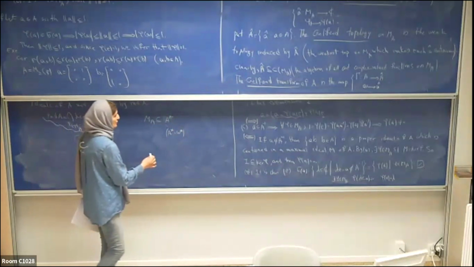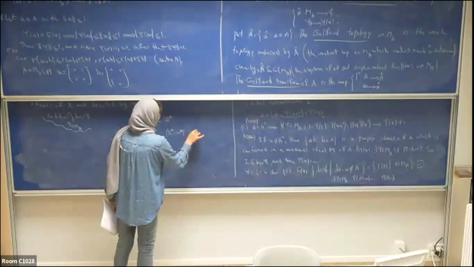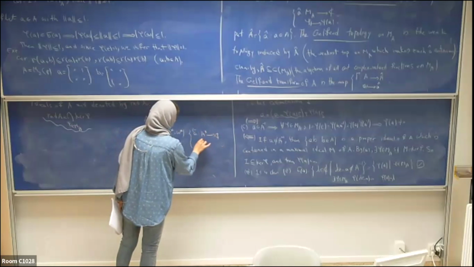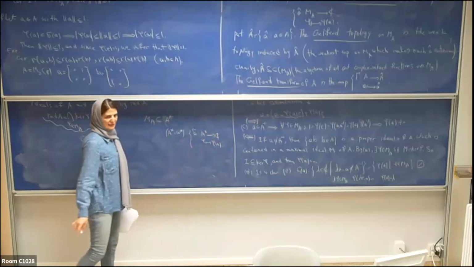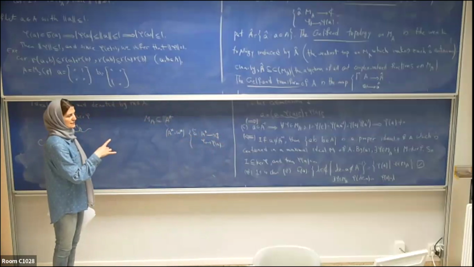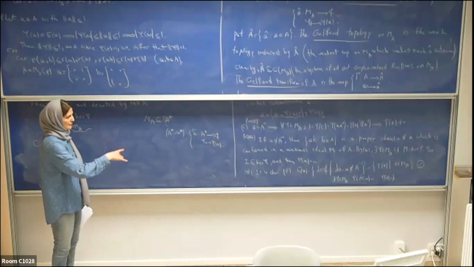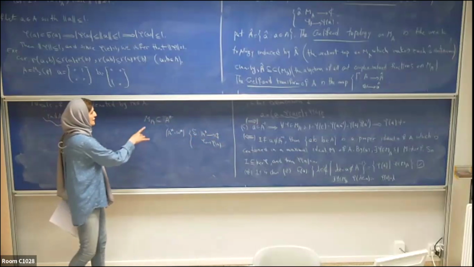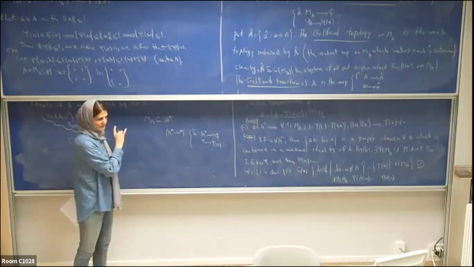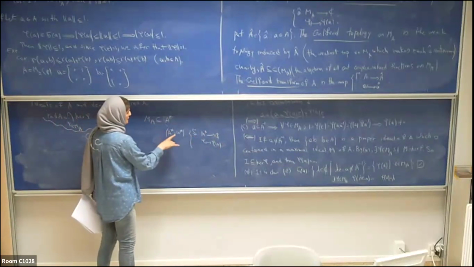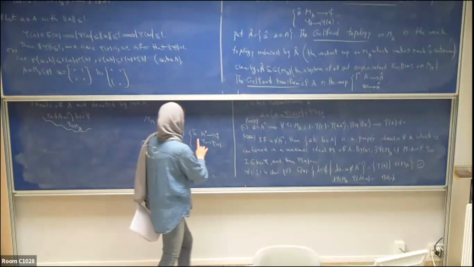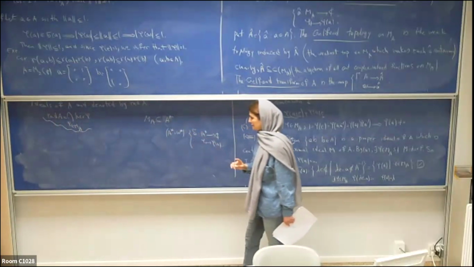It means the weakest topology on which elements like a hat, from A star to C, which takes phi to phi of a, are continuous. A hat is like this, but A hat just considers the restriction to M of A. So it's easy to see that the Gelfand topology is exactly the weakest topology on A star that makes each a hat continuous.